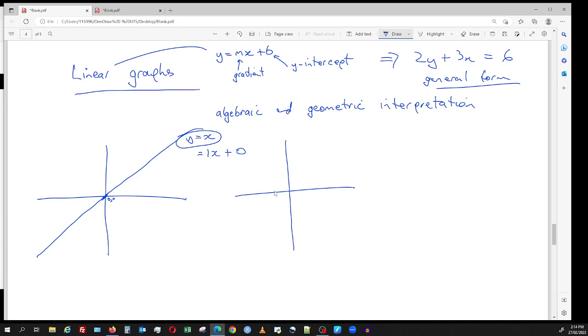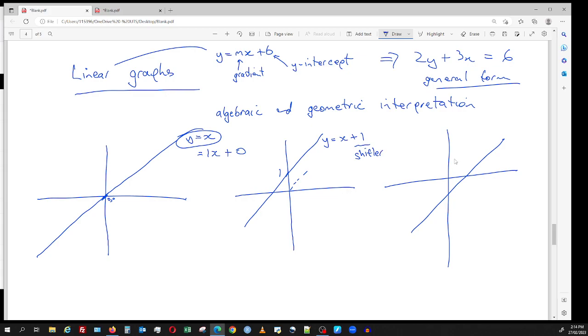So what about if we move this up? What about if I move that up and made it like that to 1? What would the algebra be in that case? So the algebra would be y equals still 1x, so it's x, but now it's been shifted up 1, so we've got now a shifter.